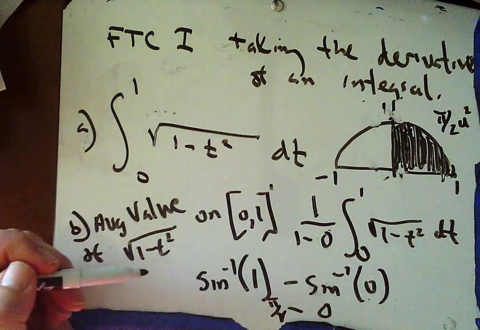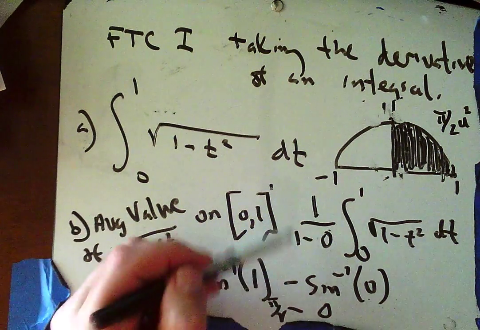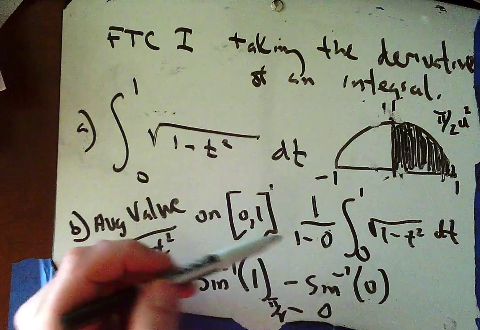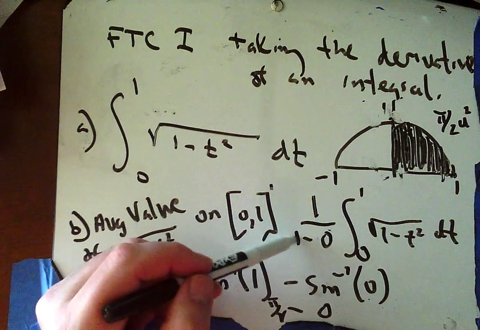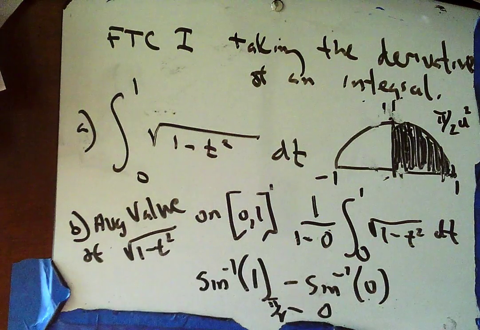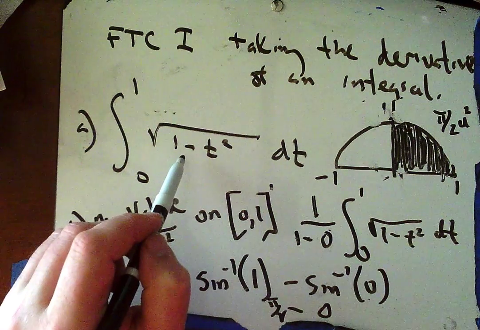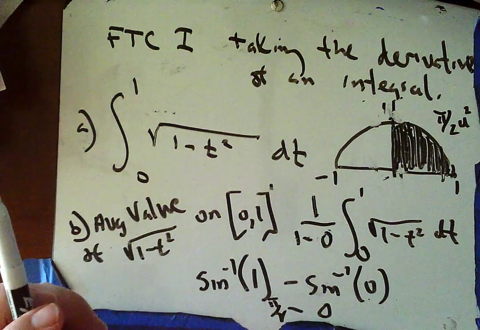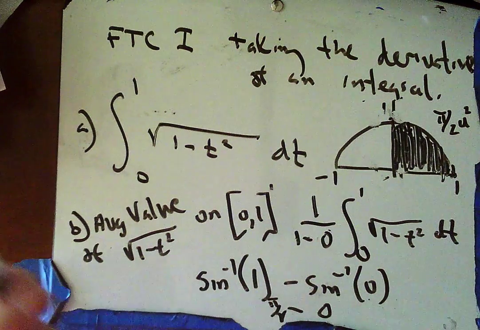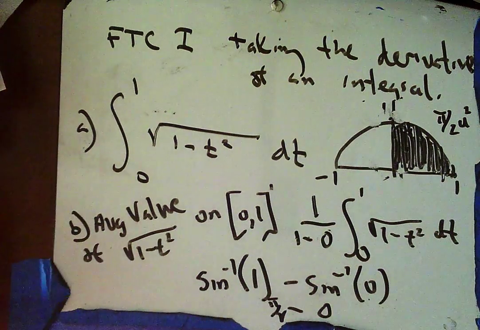It's definitely pi over 2. And I would think maybe something over here. Maybe it was my 1 over b minus a, but that's just 1. Huh. I find that very strange indeed, because that is a semicircle. That's quite boggling to me.